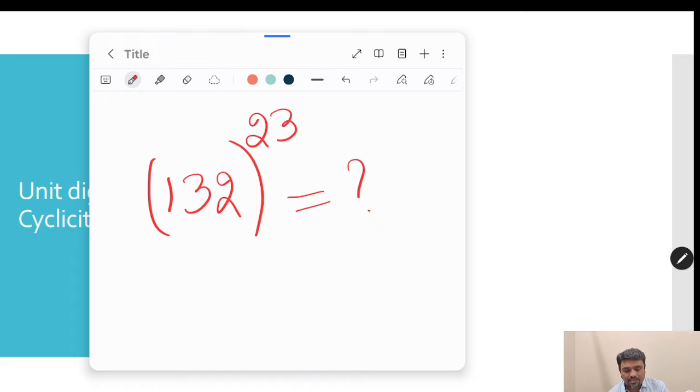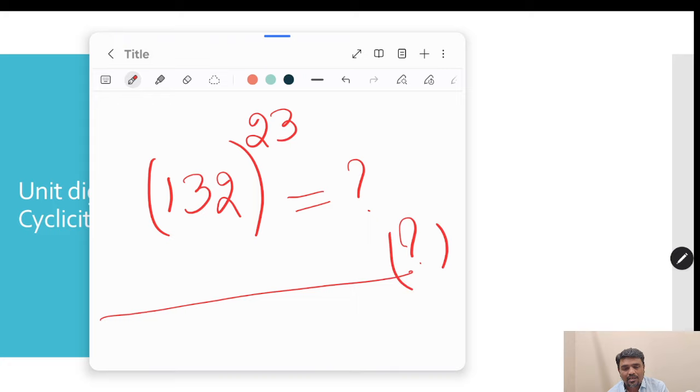The actual meaning is that the value of this number is 132 into 132 into 132, 23 times. That is a very big calculation. If you multiply 132, 23 times, you may get a very big answer in fact. But the question is not about the entire answer. The question is about only the unit place.